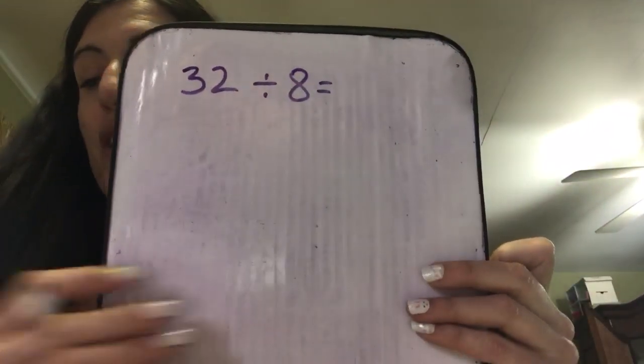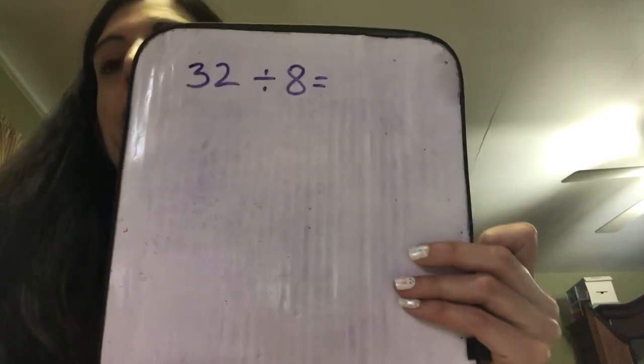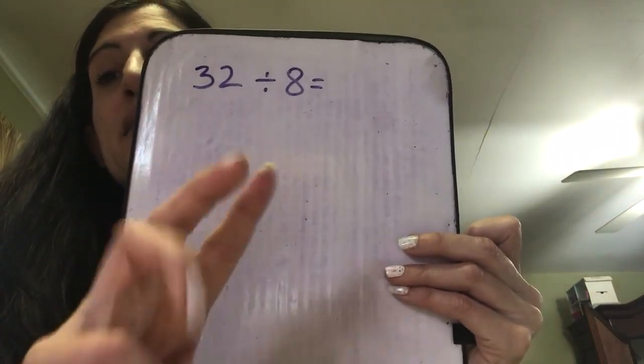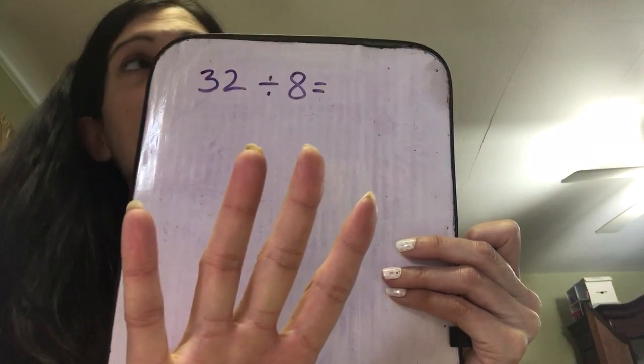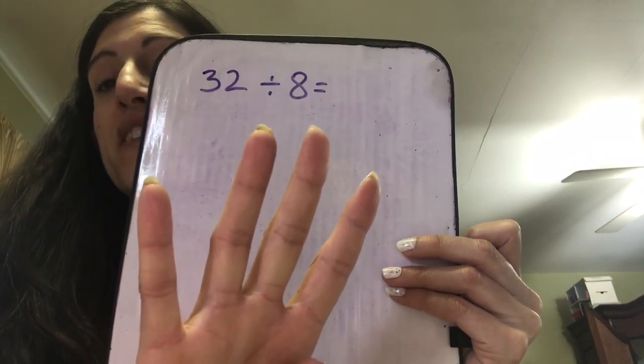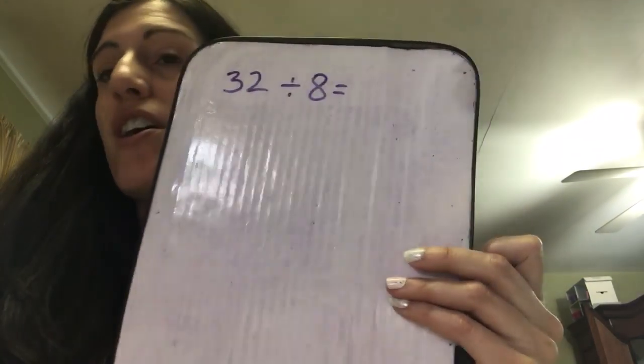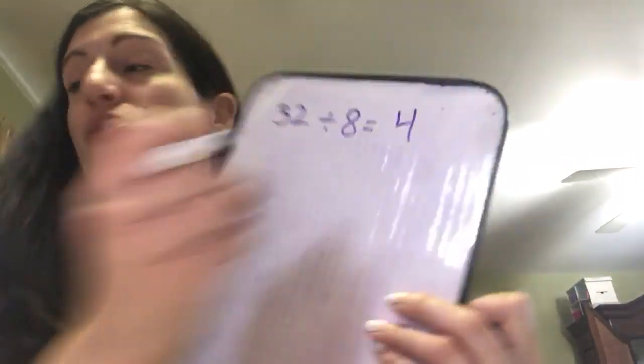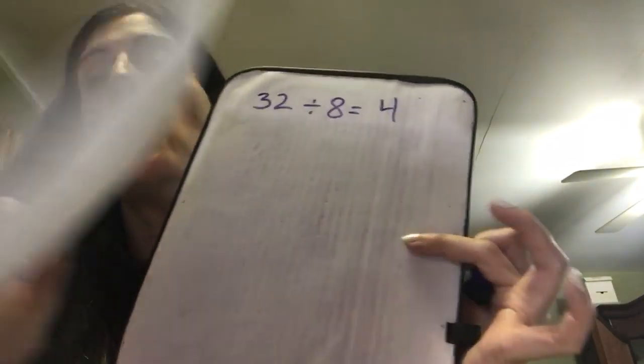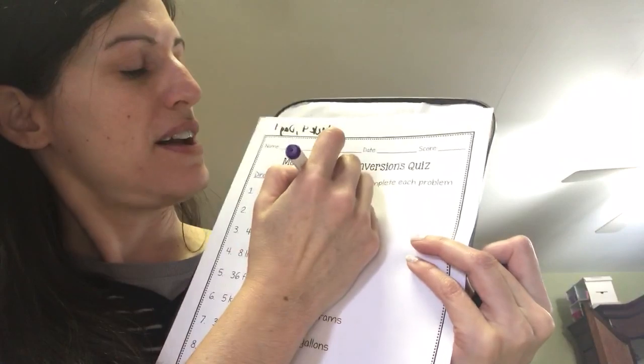So what we need to do is take 32 and divide it by 8 to find out how many cups that is. So we can do our 8 song. 8, 16, 24, 32. How many did you get? 4. That's right. So there's going to be 4 cups.